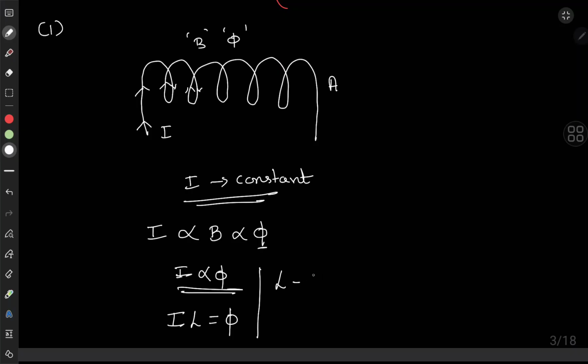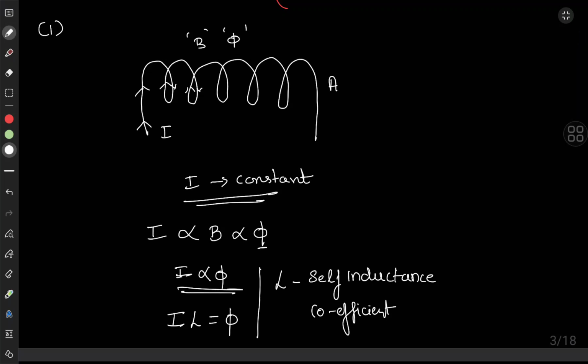Where L is called the self-inductance coefficient.